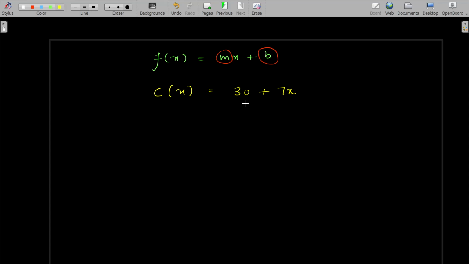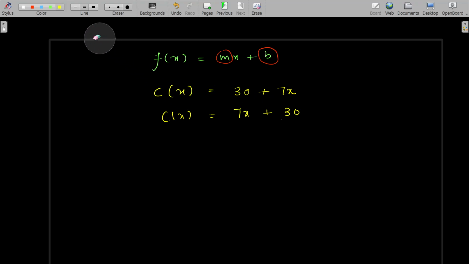You might have seen these types of word problems. We'll do these types of word problems. So here, let me write it in this form, 7x plus 30. So here 30 is the y-intercept and 7 is the slope.